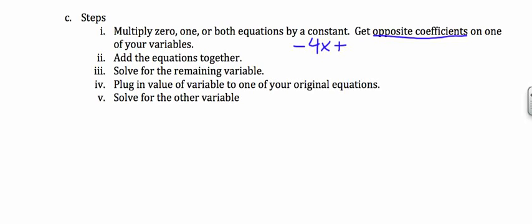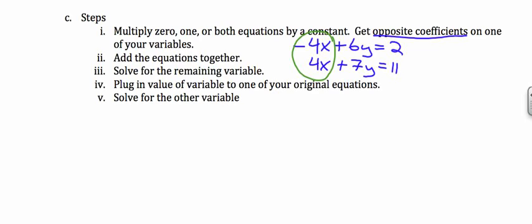Negative 4x plus 6y equals 2. 4x plus 7y equals 11. We want this situation right here, a negative 4x and a 4x. Those are opposite numbers, opposite coefficients on our x's. Okay, that's the first thing you have to do.